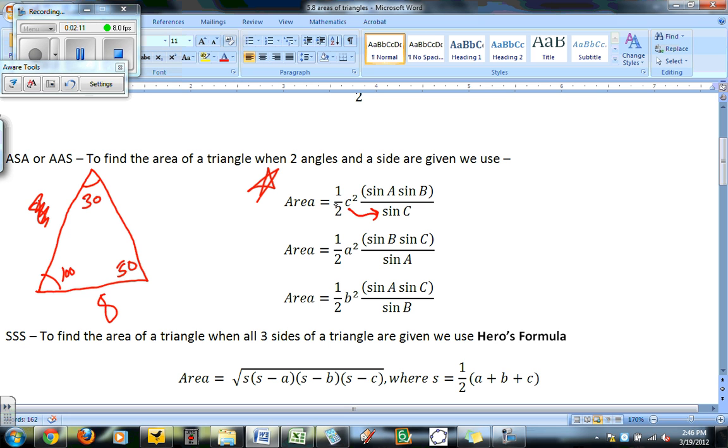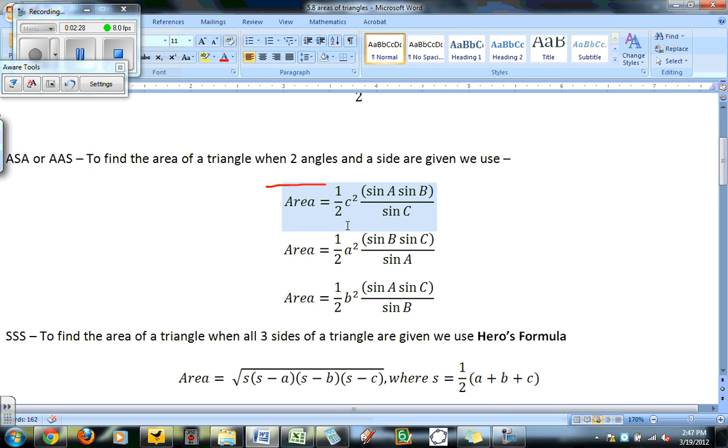So in here it'd be 1/2 times 8 squared times sine of 100 times sine of 50, all over sine of 30. The sine of 30 would have to be down here because it's opposite. That's what this formula is saying. So again, if you understand or write some notes next to what I'm explaining, then you don't have to write all three of those down. And it helps you remember those two in a little bit.